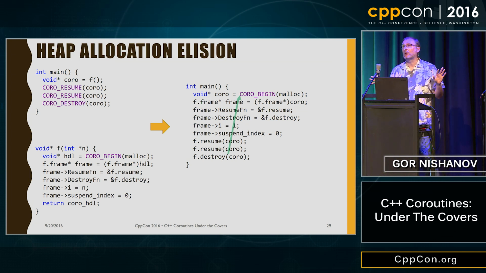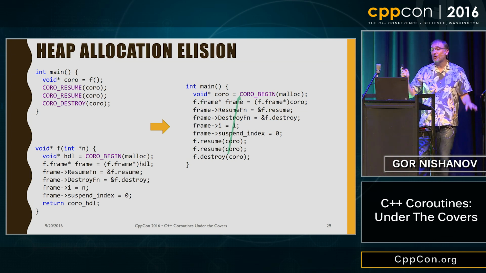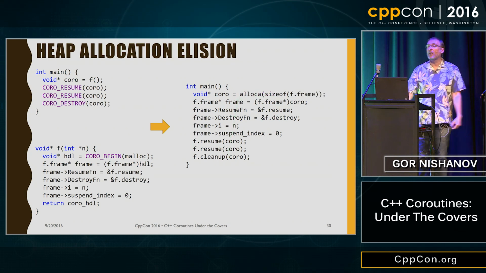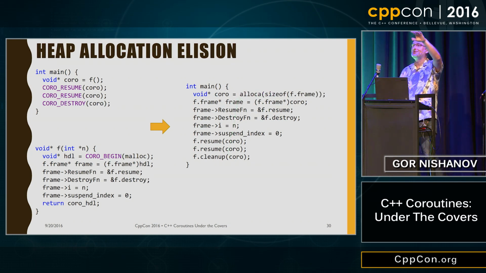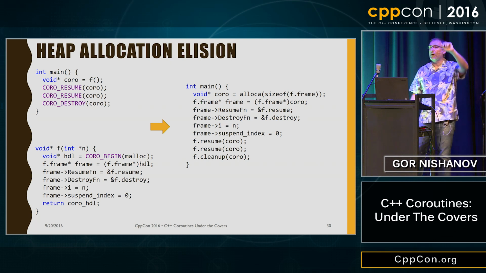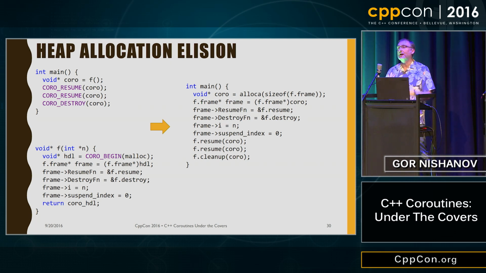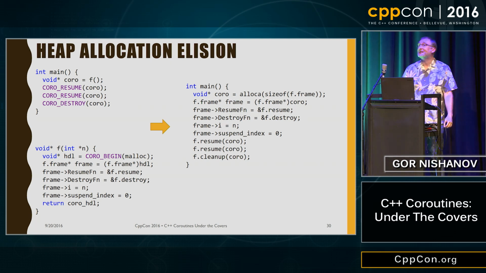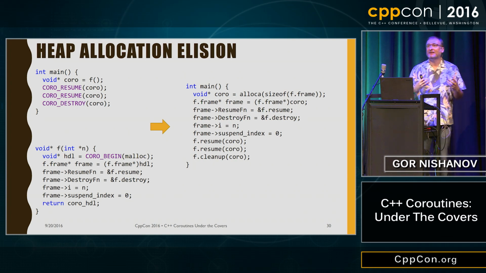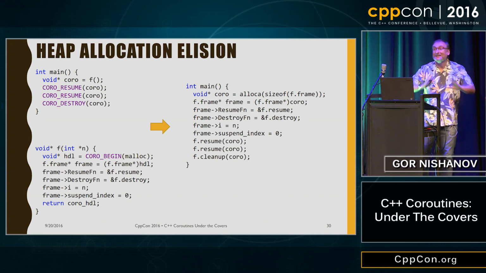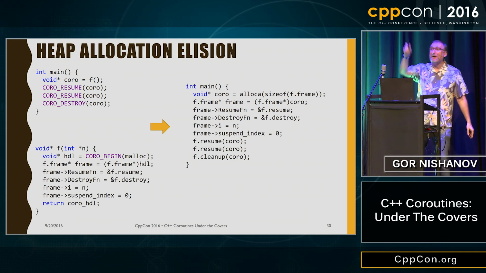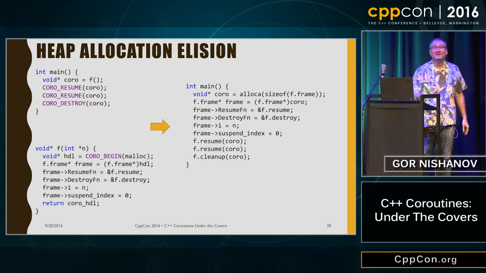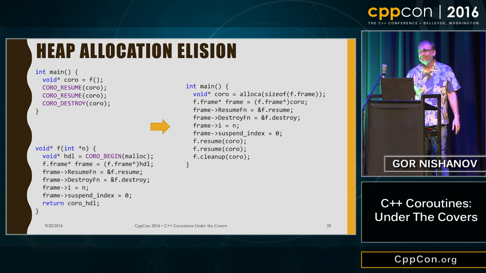It lives no more. So now we can replace coro_begin with a simple allocate, which is a stack. We'll just dump this F frame onto the stack, and we'll replace destroy with cleanup. So what it means is that if your coroutine type has RAII semantics, and RAII is great, it's like the best thing, but look, it's even better with coroutines because those things give you a heap allocation elision.